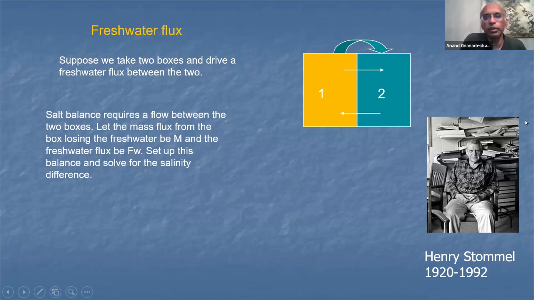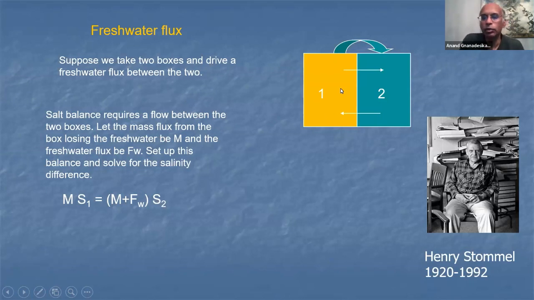So his idea was that suppose we take two boxes. We have a low latitude box here and a high latitude box, and we drive a freshwater flux between the two of them. And we let the overturning be a mass flux M, and the mass flux M moves water from the low latitude box to the high latitude box, and we have an atmospheric freshwater flux.